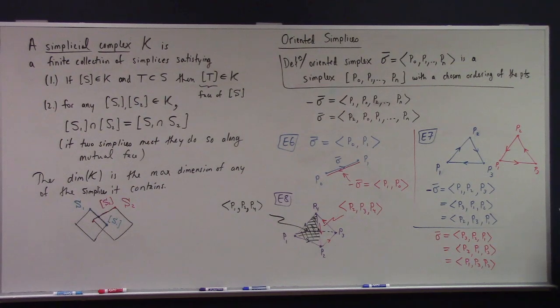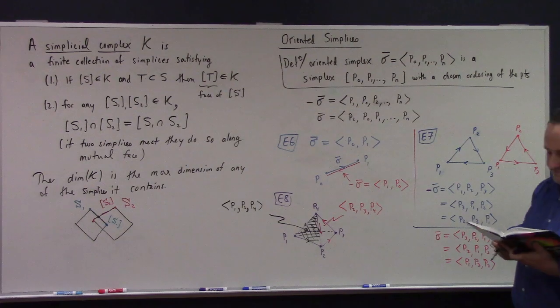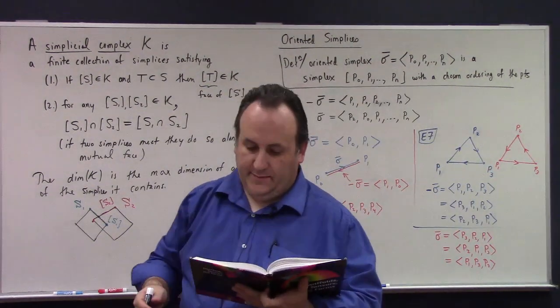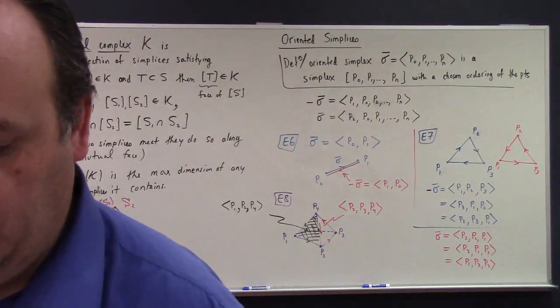That is a simplicial complex where each simplex is assigned an orientation, right? So it is what it sounds like. An M chain on K with coefficients in R.